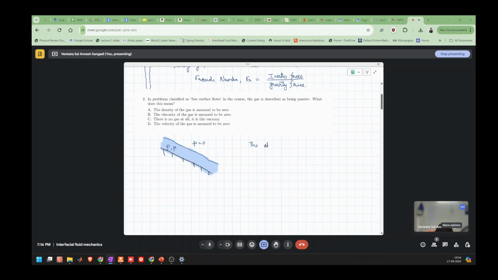The above gas is said to be passive when the viscosity of the gas is assumed to be zero. That is, mu gas equal to zero.